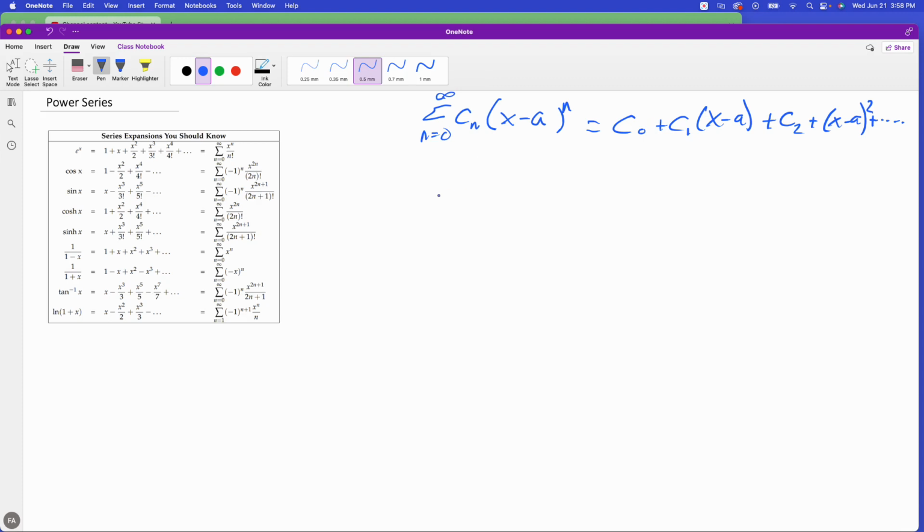Now, the thing we want to deal with is, does this series converge? That's a big question that we want to talk about. Let's talk about e to the x for a second. There is an equal sign between e to the x and this infinite series here.